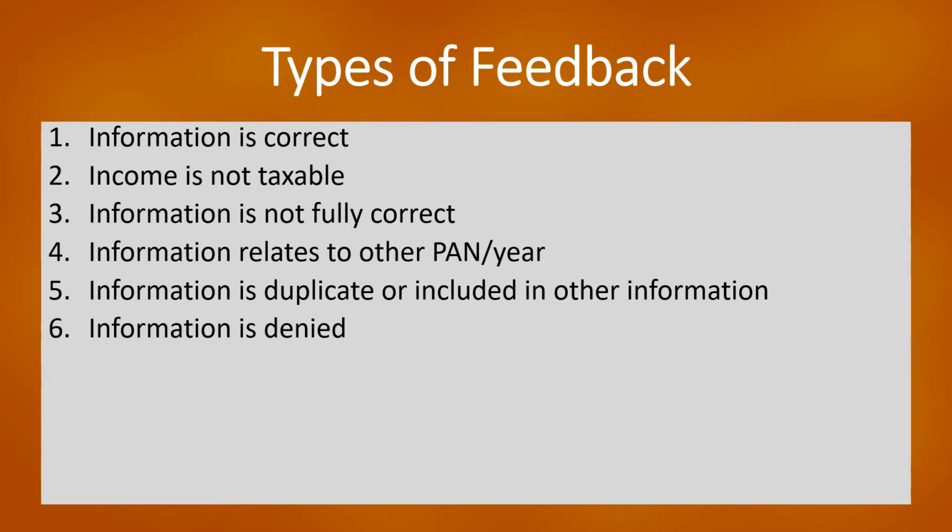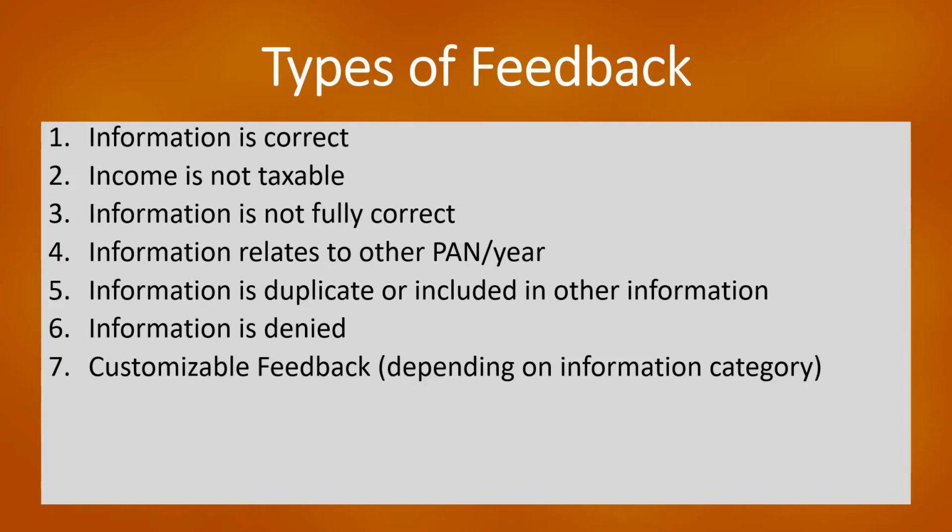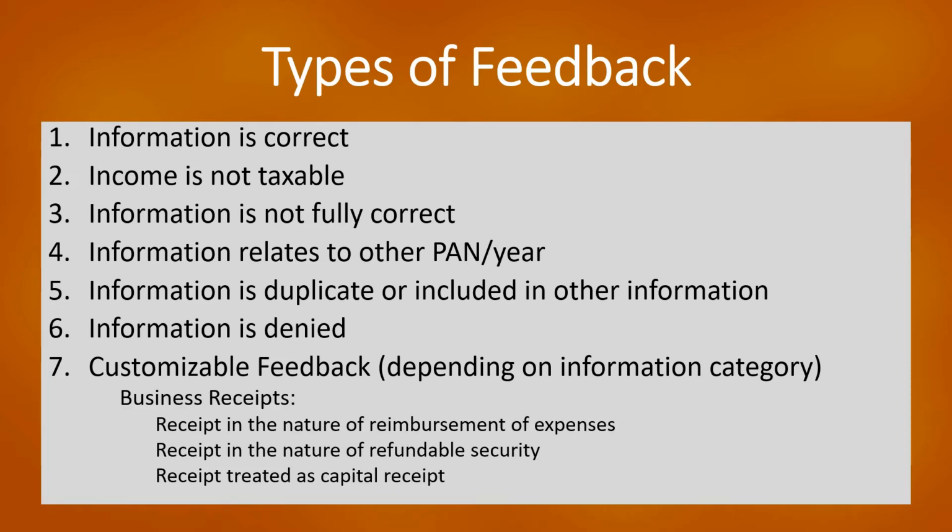We can choose this type if there is some information in AIS which does not belong to us. Seventh one is customizable feedback, and this depends on the information category. For example, in case of business receipts, we have types like receipt in the nature of reimbursement of expenses, receipt in the nature of refundable security, receipt treated as capital receipt. Later when we log into the income tax portal, we will see how exactly we can submit this feedback.